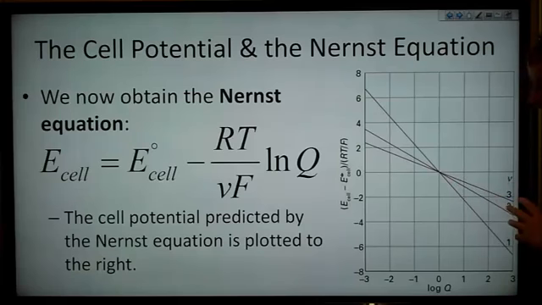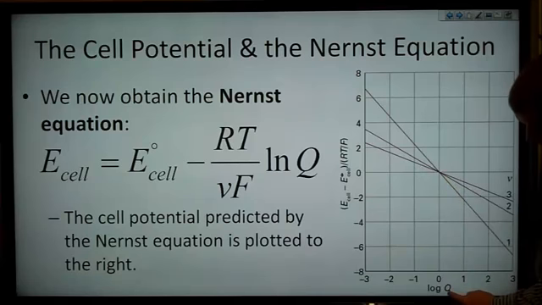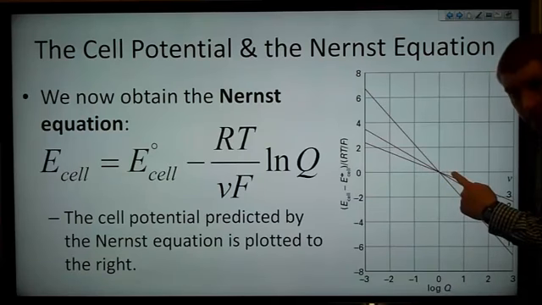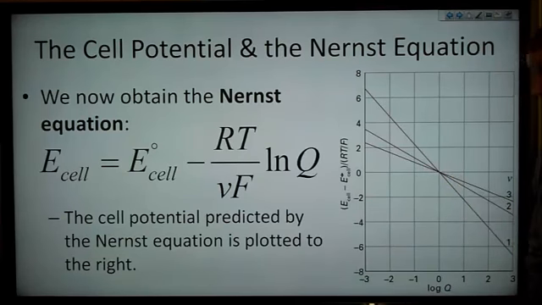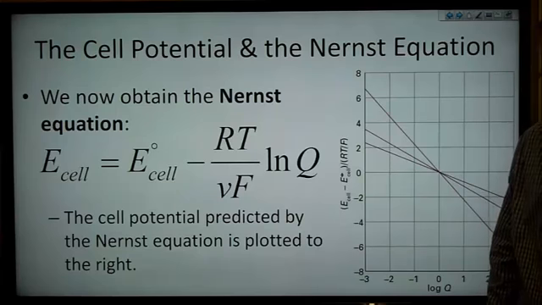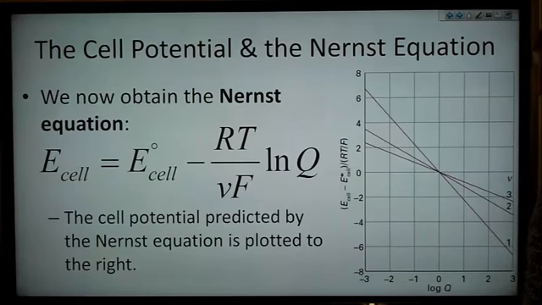As log Q gets larger, the difference here gets smaller. Note that when log Q is 0, the value of Q is 1. And if the value of Q is 1, that means we have an equal ratio of products and reactants. If Q is larger than 1, then we have more products than reactants. If Q is smaller than 1, then we have more reactants than products.